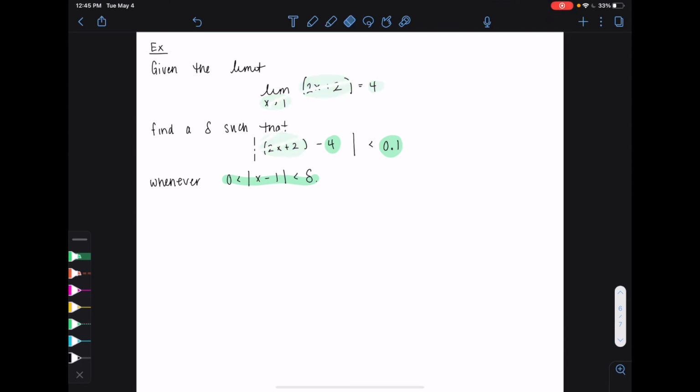Okay, so pretty much I need to figure out what delta I have to plug in here given this epsilon. So I'm going to match everything up to this limit. Here, the C that x is approaching is 1. The function we're dealing with is 2x plus 2.